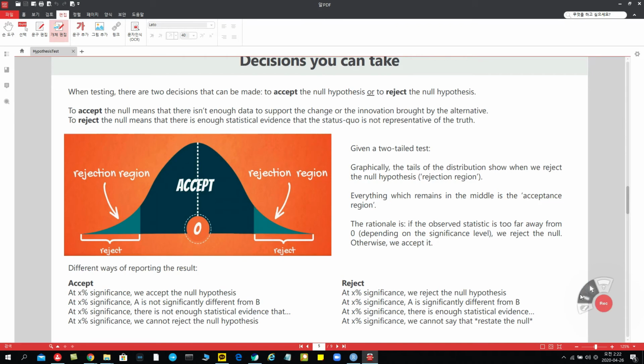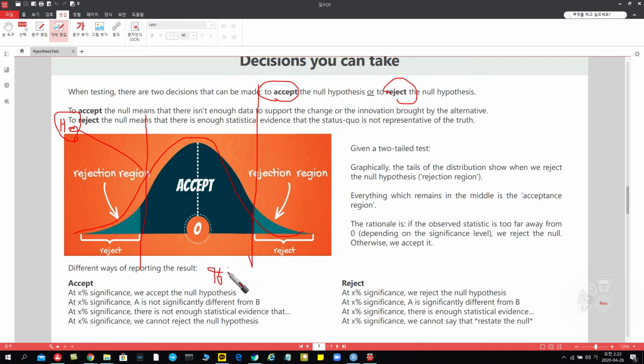Okay. Before moving on, I will explain the decision in this way. This is a normal distribution, right? You can accept or reject the null hypothesis. Assume this is H0, the null hypothesis. This is the 95% region, where the z-score is 1.96 and minus 1.96.